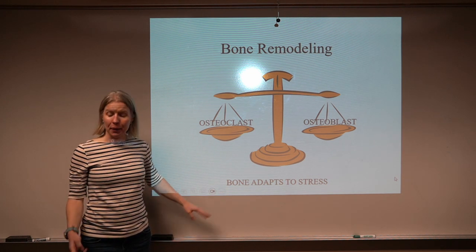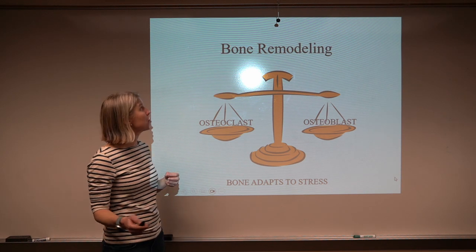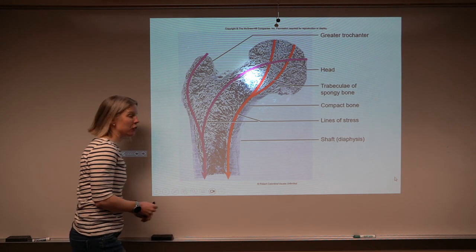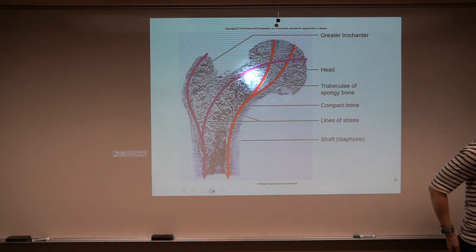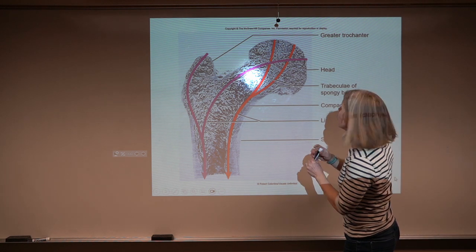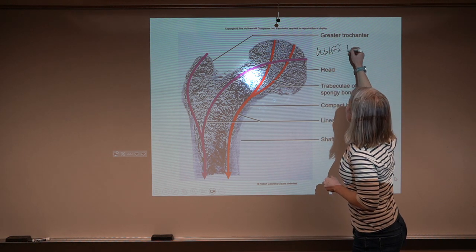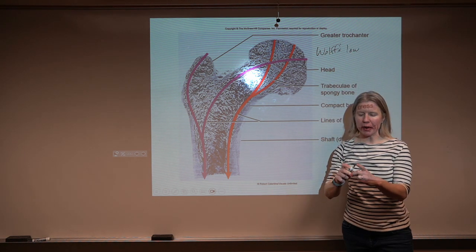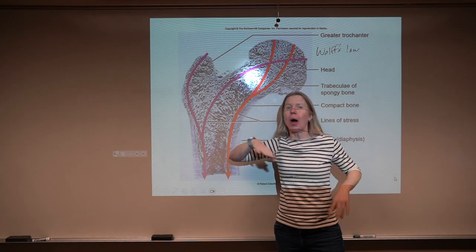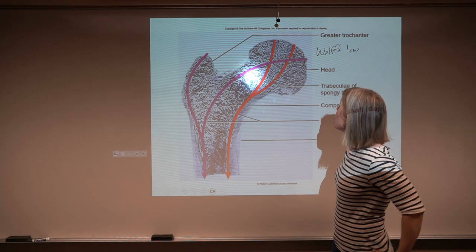But bone remodeling is really important in allowing bone to adapt itself to stress throughout your lifetime, right? This idea, and I don't think I mentioned it earlier, is actually called Wolff's Law, this idea that bone lies down along the lines of stress. And what this means for you and I is, one, it explains why we have these different projections, trochanters, all those terms you have to memorize in lab.